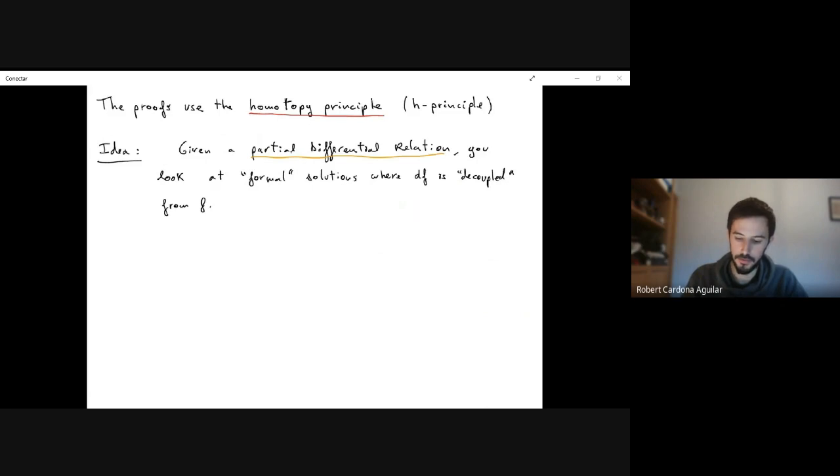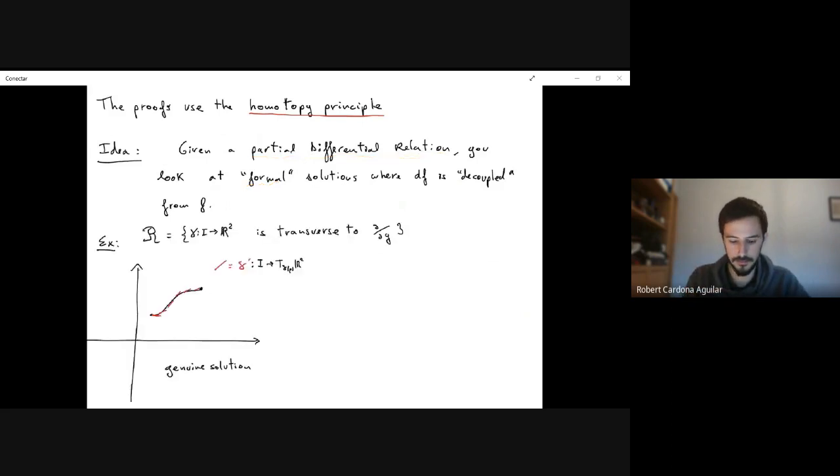So what you want to look at, instead of solutions to a partial differential relation, is formal solutions. Formal solutions means that you decouple, in some sense, the map and its derivative. Now I will show a very easy example. Let's say I'm looking at embedded paths in the plane.